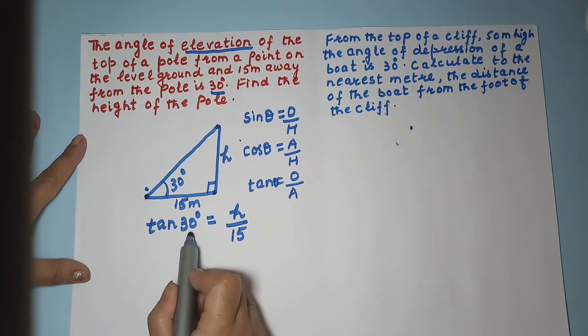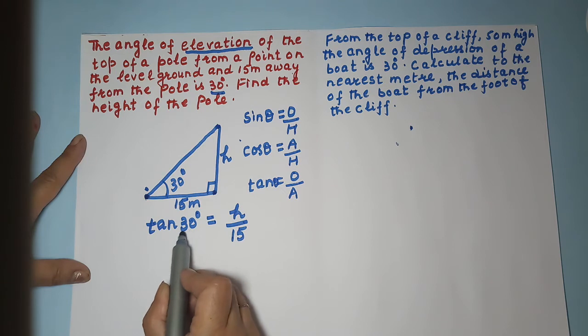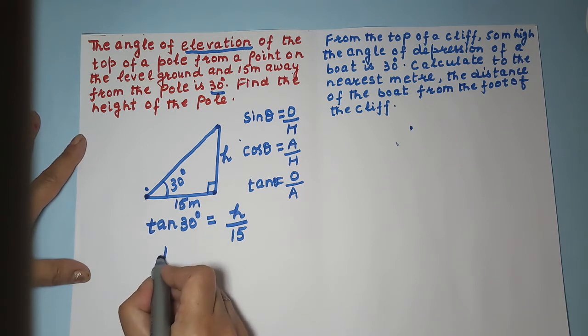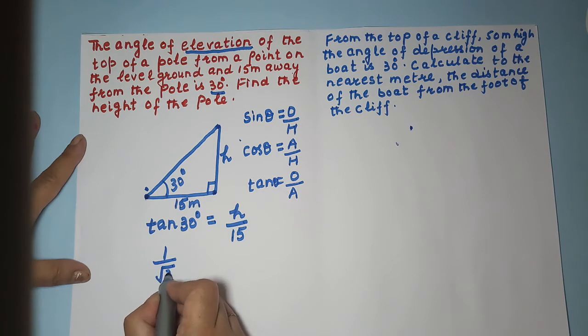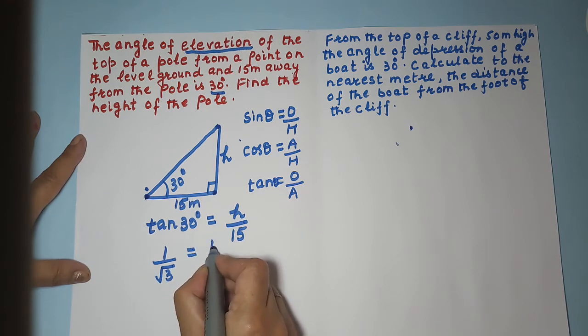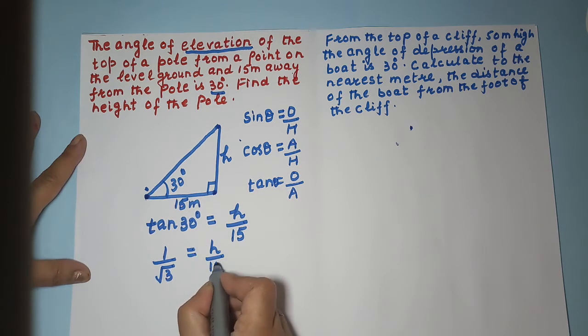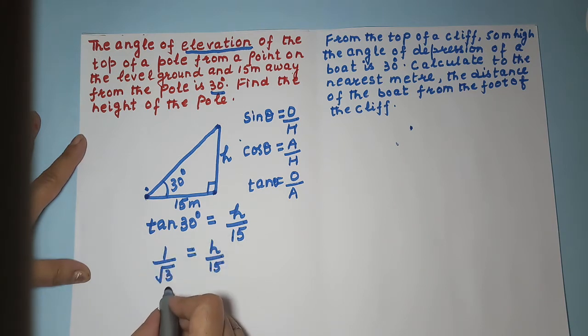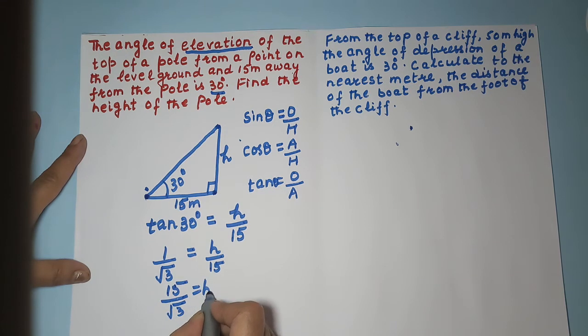Now, 30 degrees is the standard angle. We know tan 30 is 1 by root 3. You should remember this value. So, 1 by root 3 is equal to H by 15, right? So, let's cross multiply. We'll get 15 upon root 3 is equal to H. Now, we have an irrational number in the denominator. So, what will we do?